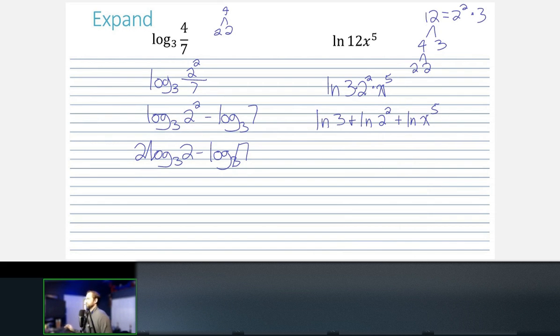Okay, what's next? Yeah, now we move the exponents in front. Right. All right, are we done now? Yes, we are.